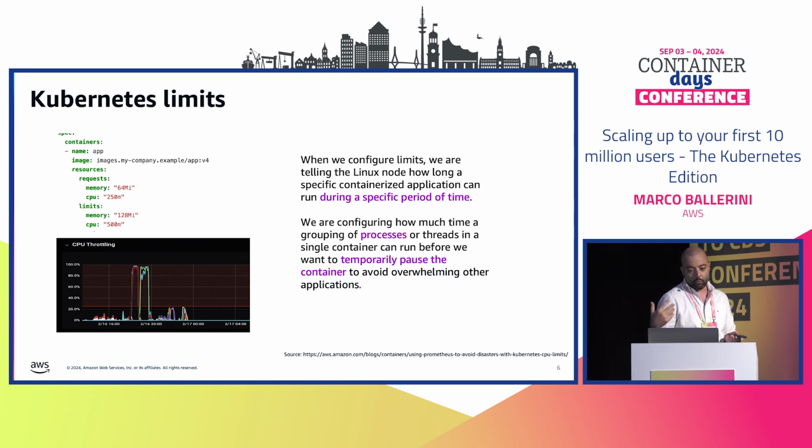When we configure limits, we are telling the Linux node how long a specific containerized application can run during a specific period of time. So when you assign one core to your application, you're not reserving one core on the instance. You're telling the kernel that the specific application can run a number of milliseconds, up to the consumption of a core.